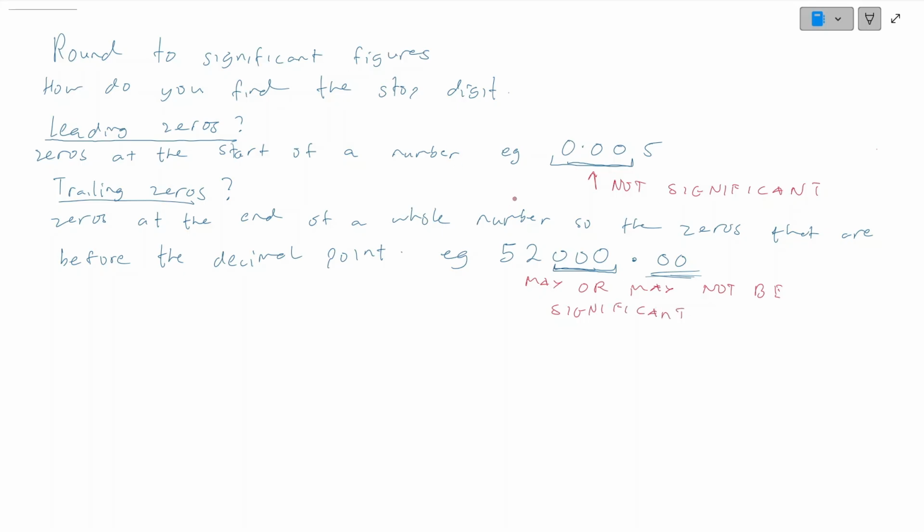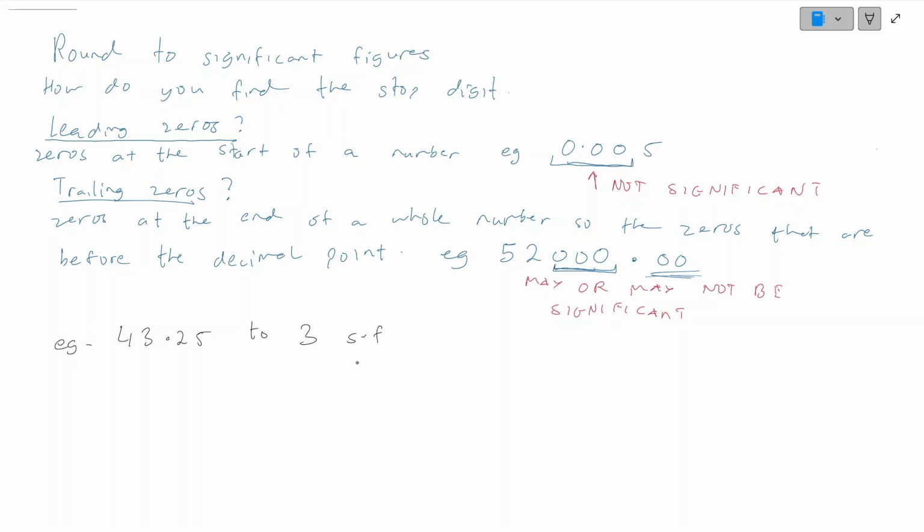Now let's move on to the method of rounding off to the nearest significant figure. The only important part being finding the stop digit, because the rest of the method stays the same. In order to find your stop digit, let's take an example. My example being round 43.25 to 3 significant figures.